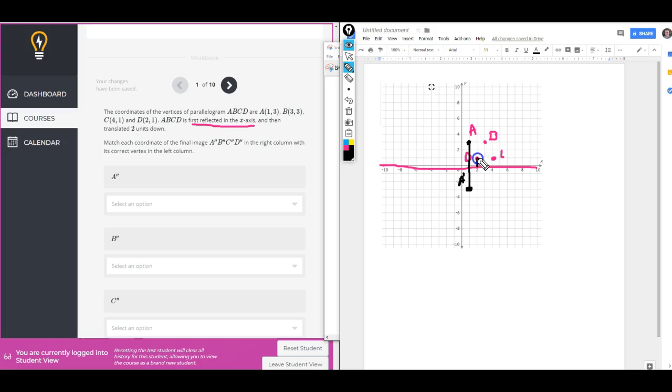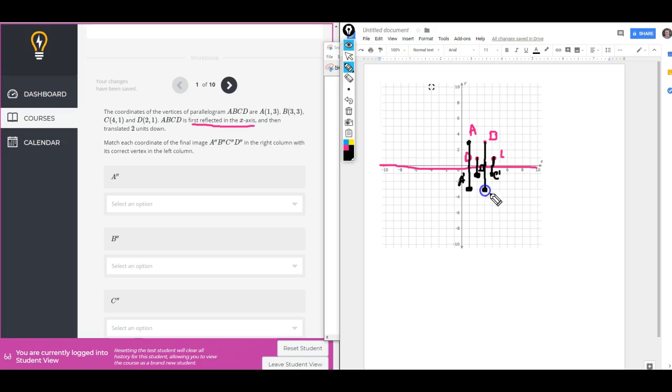D is 1 unit away, so I'm going to do 1 unit in the other direction, so there's D prime. C is also 1 unit away, so I'm going to do 1 unit away right here. This is C prime, and B is 1, 2, 3 units away as well.